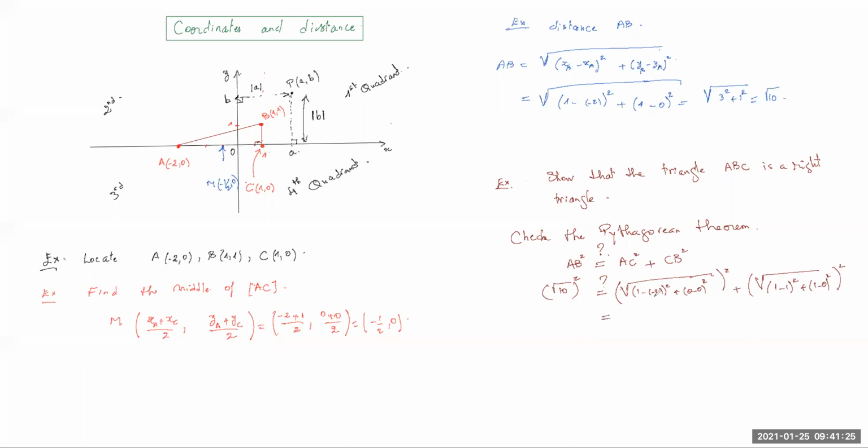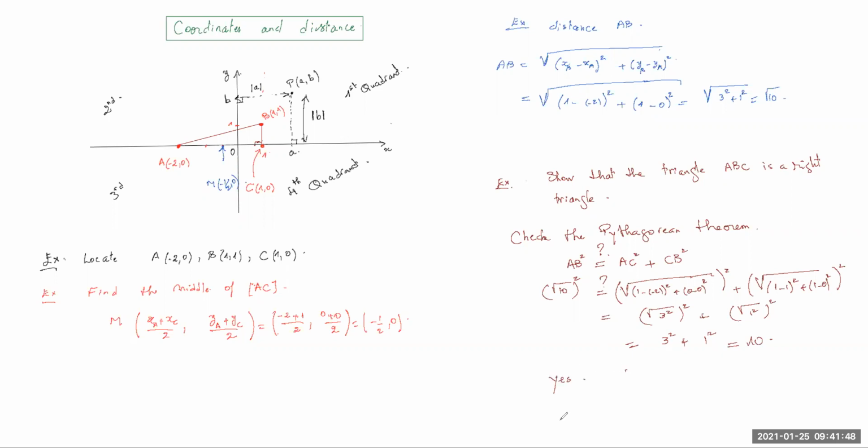So finally we have 3 squared plus 1 squared, and this is 10, which is equal.